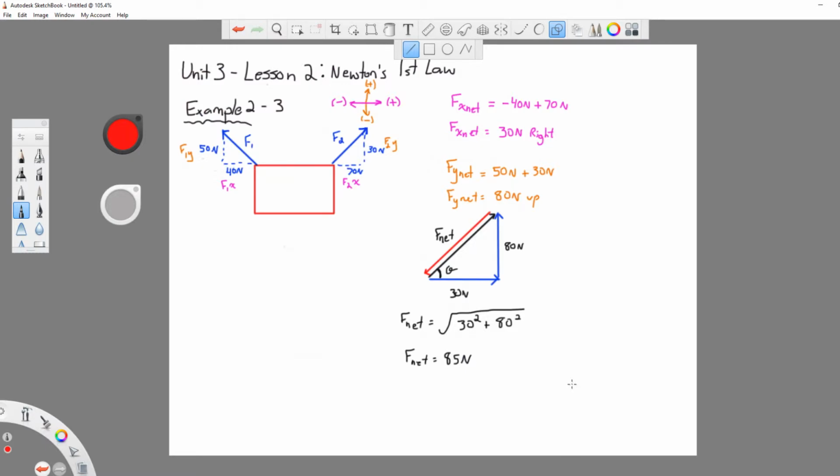So rather than solving for this force net angle, maybe I can put in there theta of F net. But what I want in this solution is this angle. I'm going to give it the whole width here.